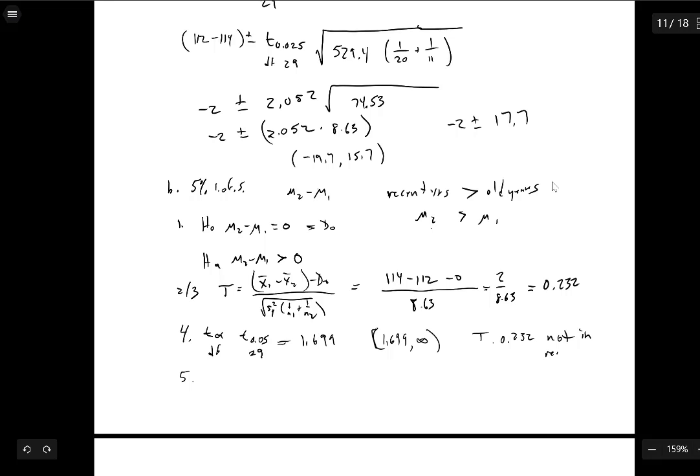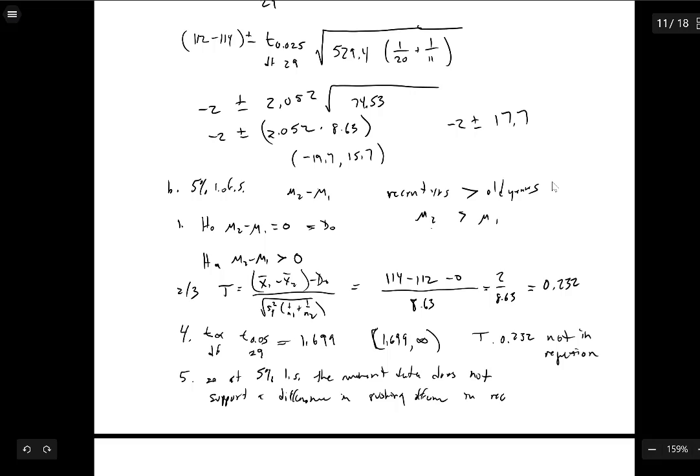So at a 5% level of significance, the current data does not support a difference in rushing offense in recent years.